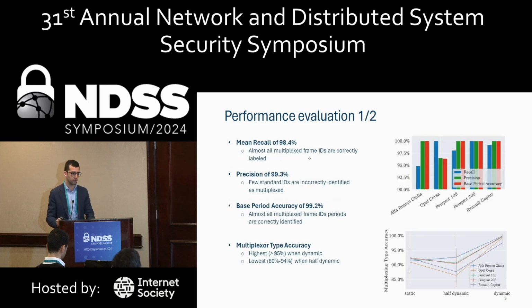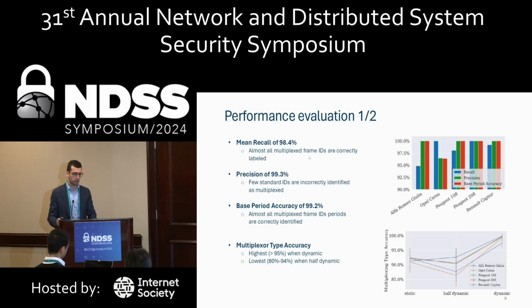And as we can see here, we achieve a pretty high recall and precision, as well as base period accuracy, which basically certifies that when we correctly identify frames as multiplex, we also guess their base period correctly most of the time. And for the multiplexer type accuracy, we see that it largely depends on the behavior of the other bits in the first byte.